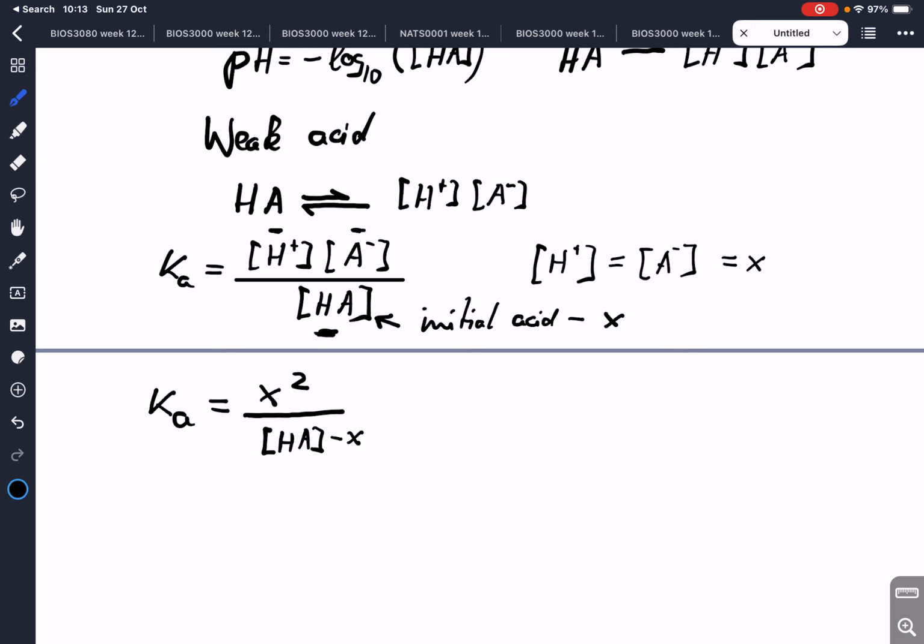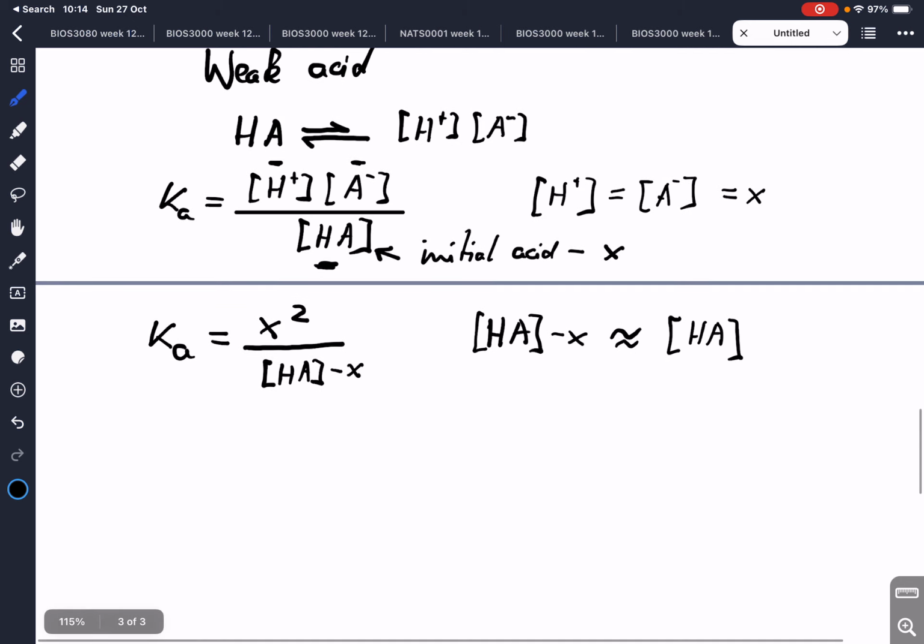Now, if it is really a weak acid, we find that this term here, HA minus x, doesn't change very much because the acid doesn't let go of the proton very easily. So it means this is roughly our initial concentration, HA, still.